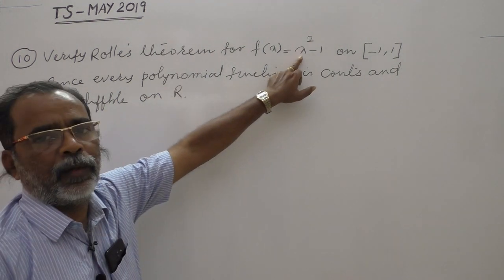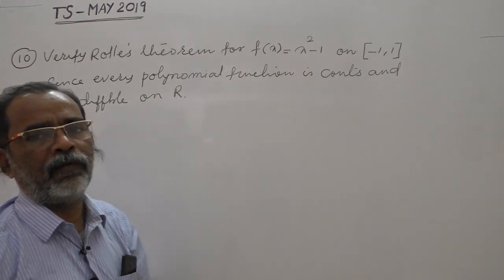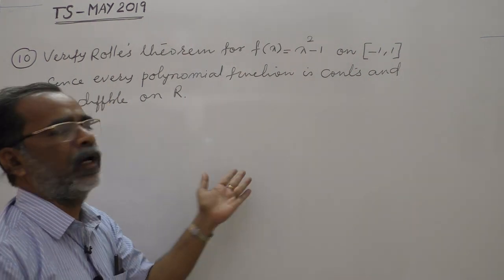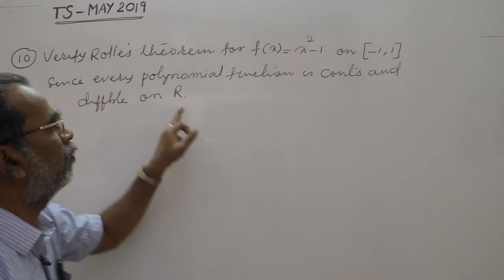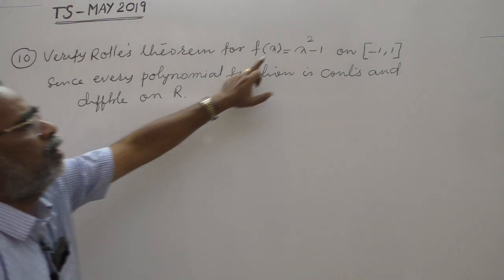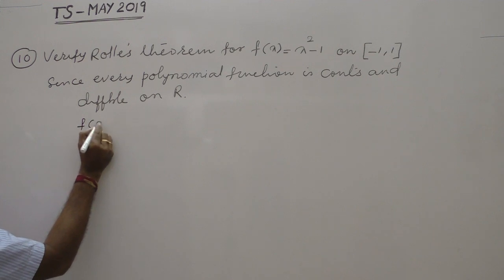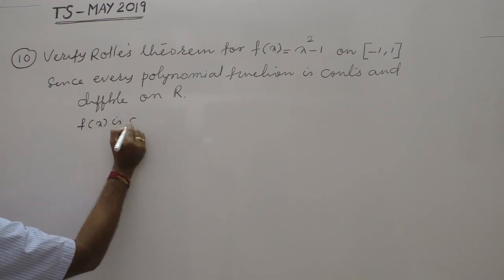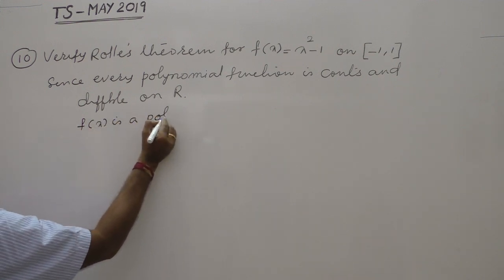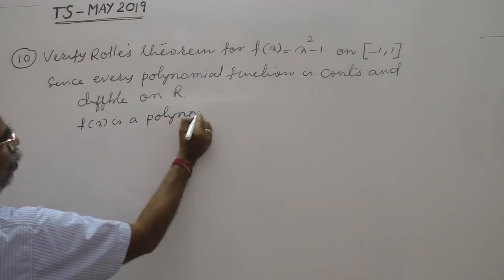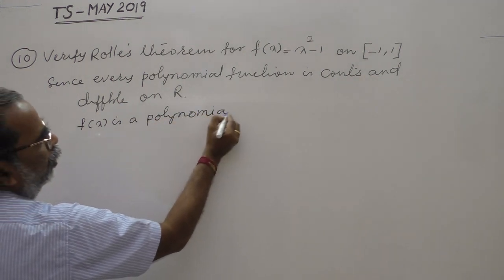This is a polynomial function. Every polynomial function is continuous as well as differentiable in its domain, which is R. So f of x is a polynomial function.